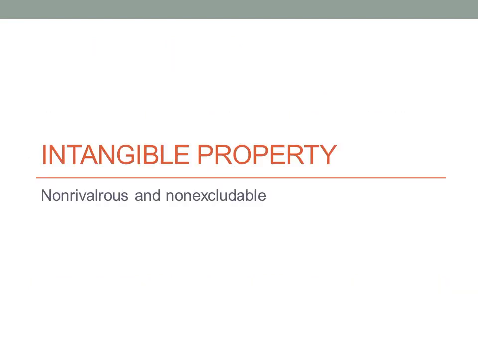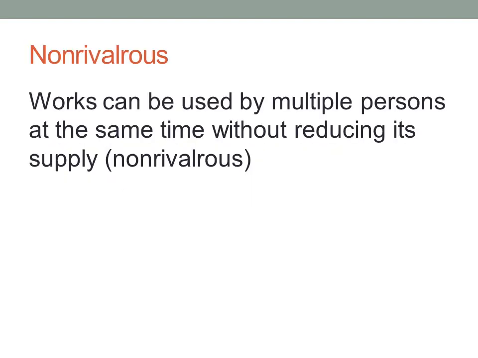By contrast, intangible property is non-rivalrous and non-excludable. What this means is that works can be used by multiple persons at the same time without reducing their supply, i.e. non-rivalrous.